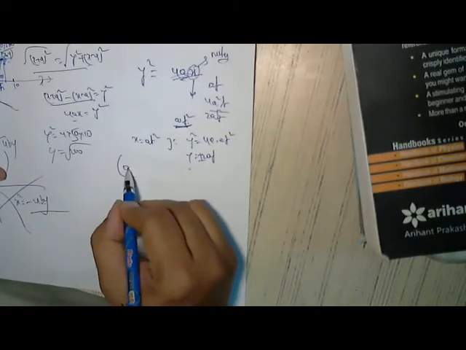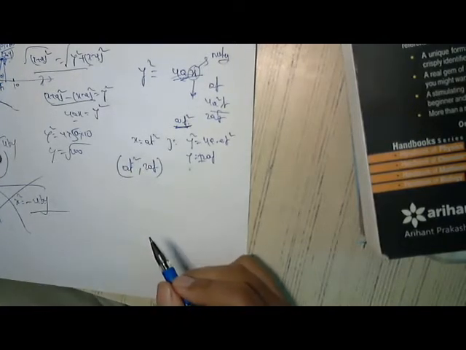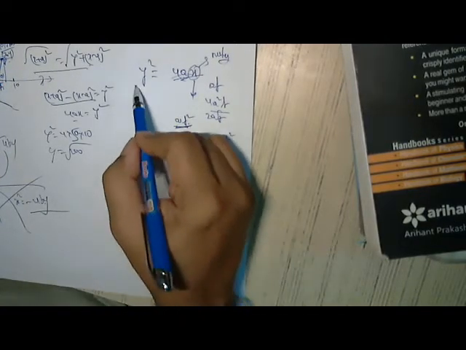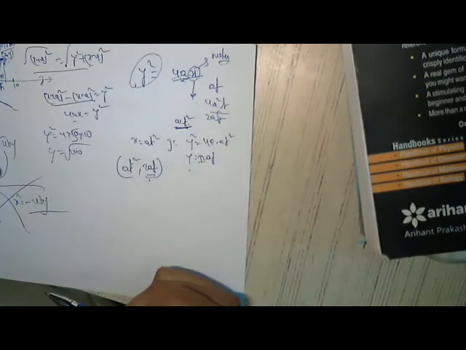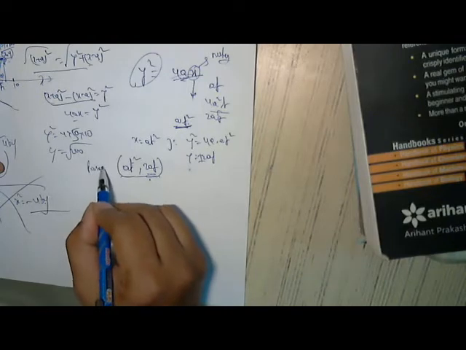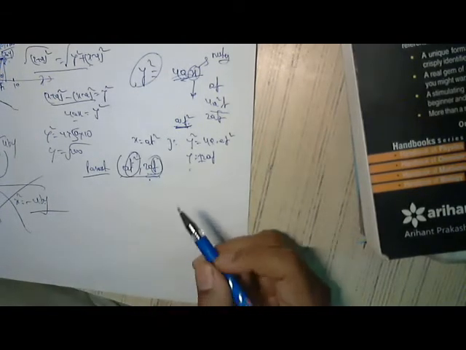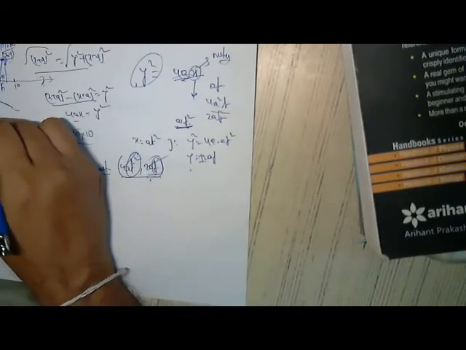So in parametric form, we get at square and 2at. It can be plus or minus, since y square means plus or minus. So this is called the parametric form. Here I have only one unknown, t. A is already known from the vertex.